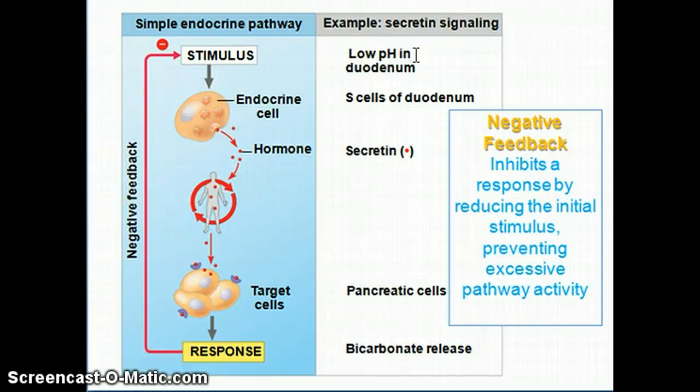And then the S cells of the duodenum send a message, which is the stimulus, to an endocrine cell, which releases the hormone secretin. And that hormone then is going to travel through the bloodstream and circulate around the body until it reaches the target cell, which is the pancreatic cell, so a cell within the pancreas.